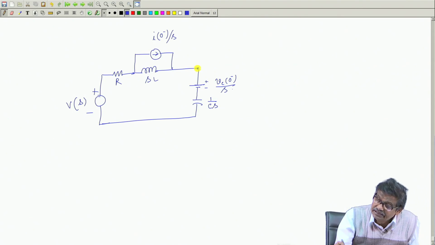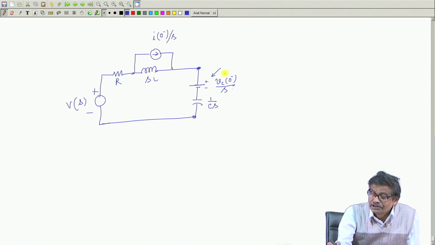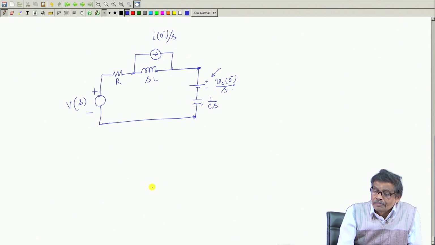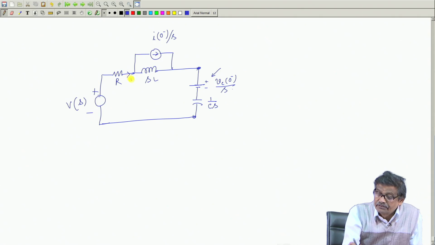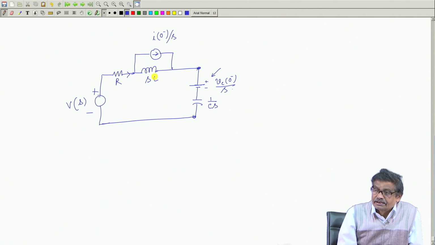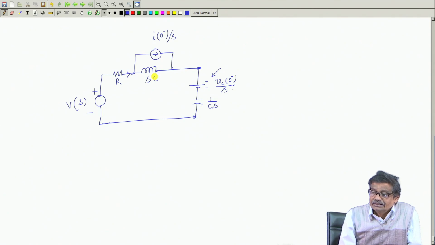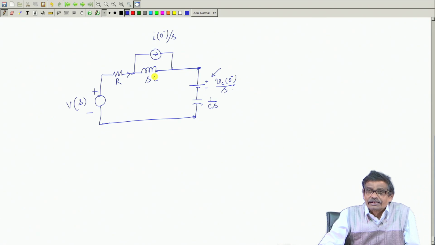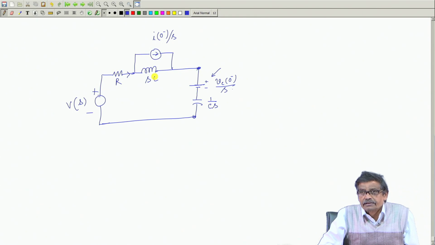Mind you, these are the 2 terminals of the capacitor. This is our thought process which brought in this initial voltage in series with this uncharged capacitor. Similarly, this is the current flowing through the actual inductor in this circuit. In this circuit, there is no current source connected. Anyway, we will continue with this in the next class. Thank you.